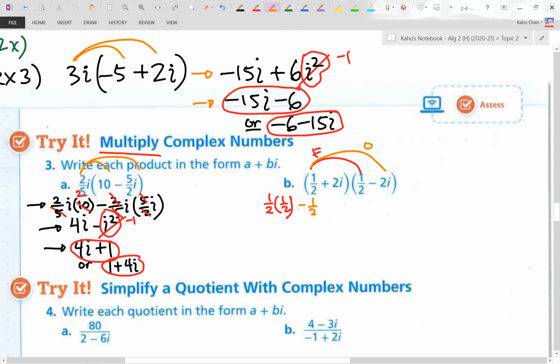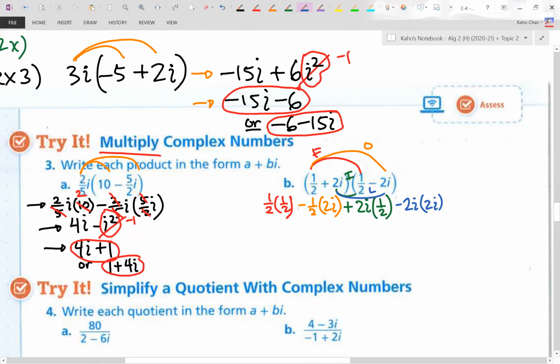Minus 1/2 times 2i. The minus sign I'm just putting right in front of the 1/2. Hope you don't mind. Inner terms, plus 2i times 1/2. Those are your inner terms. And last terms, minus 2i times 2i. Notice I put the minus sign in the back.